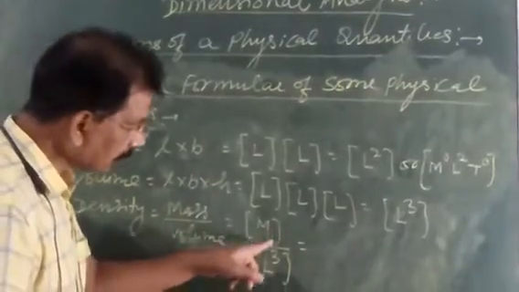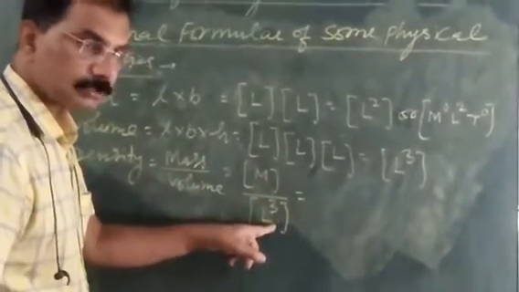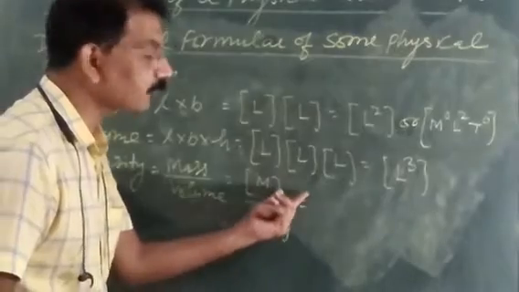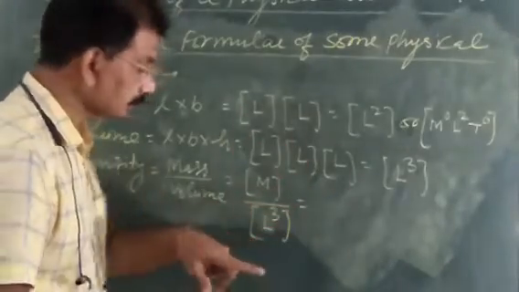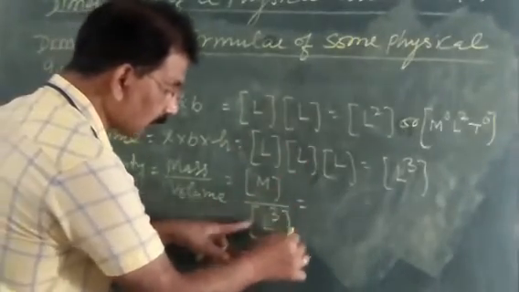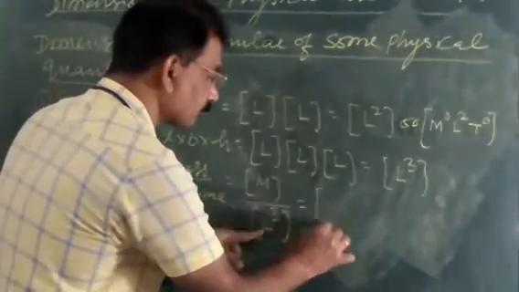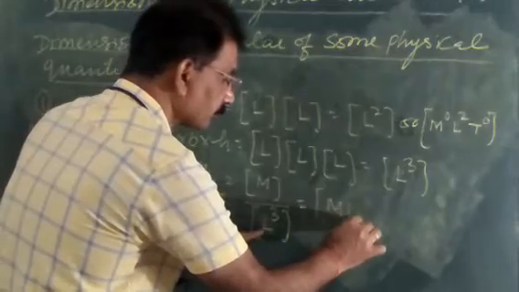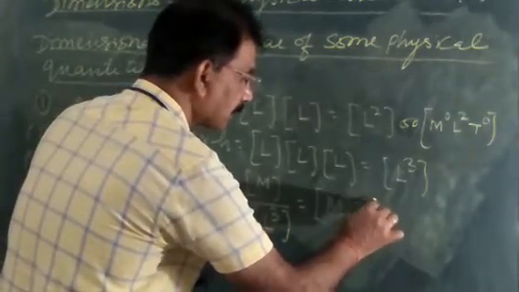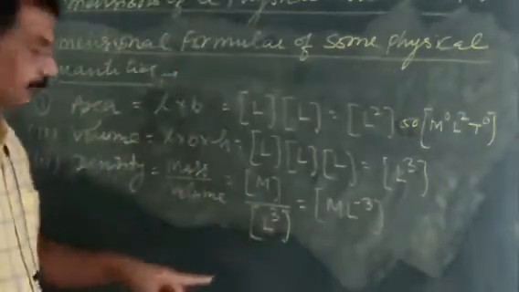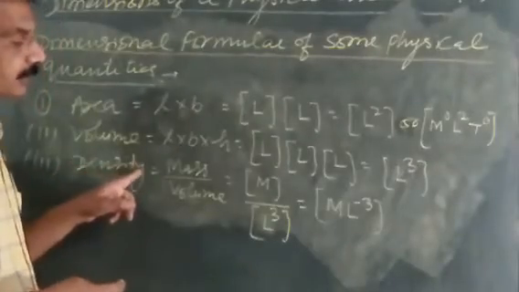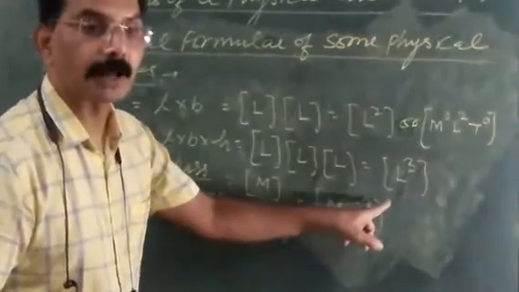In dimension, if any term is in the denominator, that term is transferred to the numerator with the proper power. So when you transfer this whole term to the numerator, L to the power 3 becomes L to the power minus 3. So you can write M L to the power minus 3. It means the dimension of density is M L to the power minus 3.